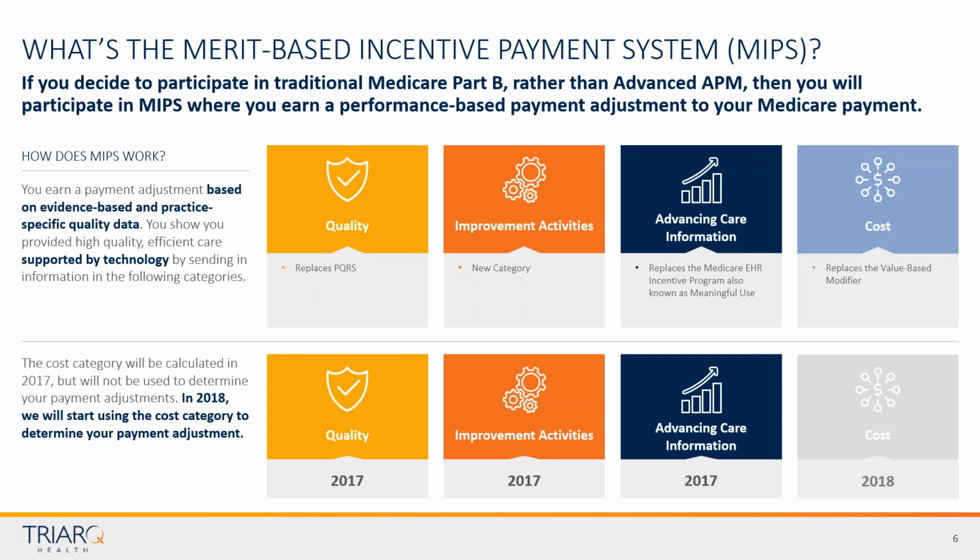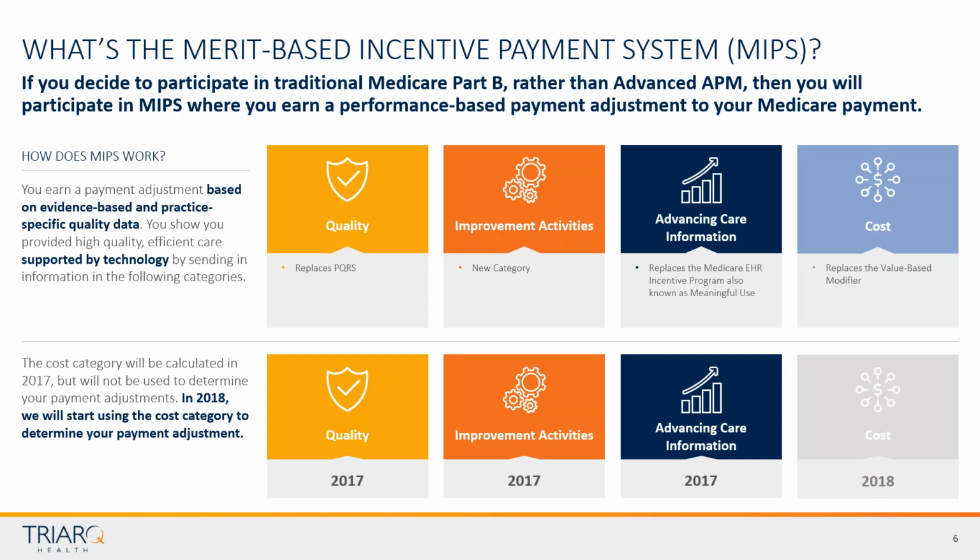They are the same. Some have changed, but it's largely the same bucket of quality measures that we've been looking at, at least on our CQM dashboard, for years. And the improvement activities, that's the brand new category. This is the one that's kind of new for folks. We'll talk a little bit about that. And then advancing care information is the one that replaces the meaningful use program.